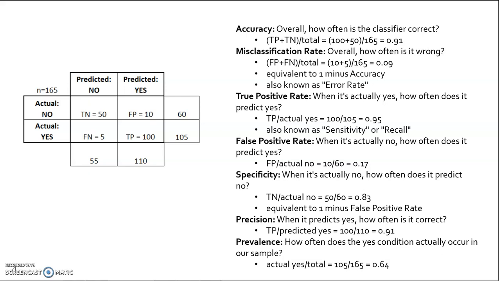Because when it's a false positive, it means that it is actually negative. So how many is it, out of all of these actual negatives, that we keep mispredicting to be positive? That is the portion of it.